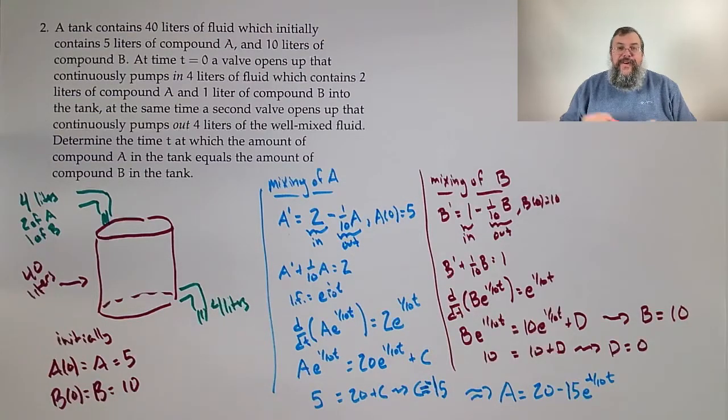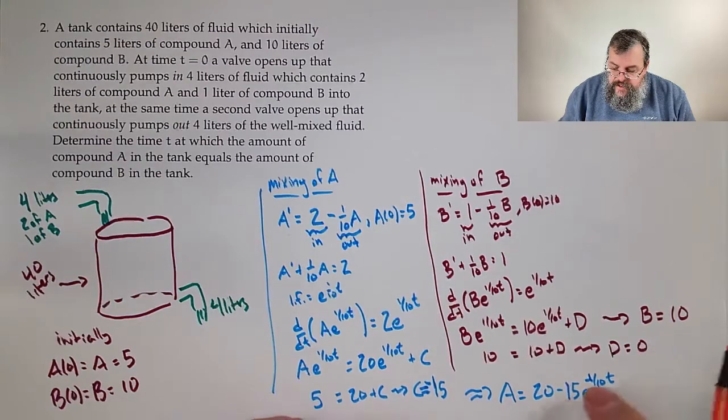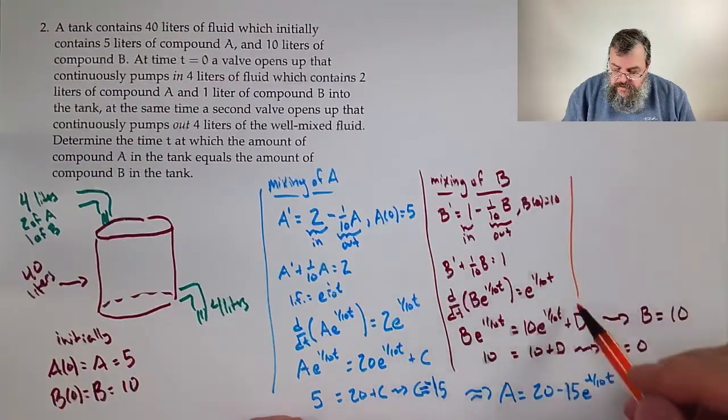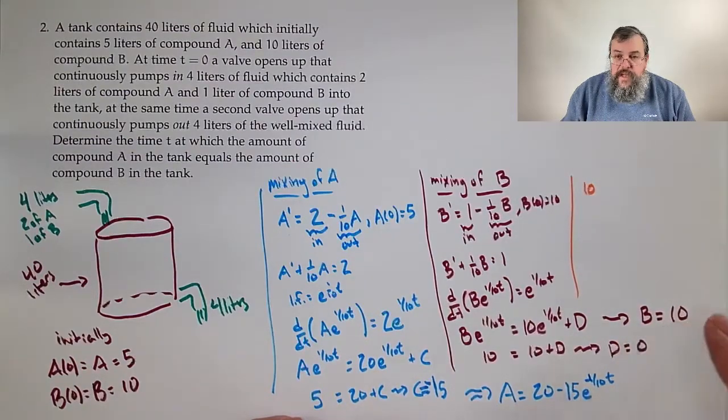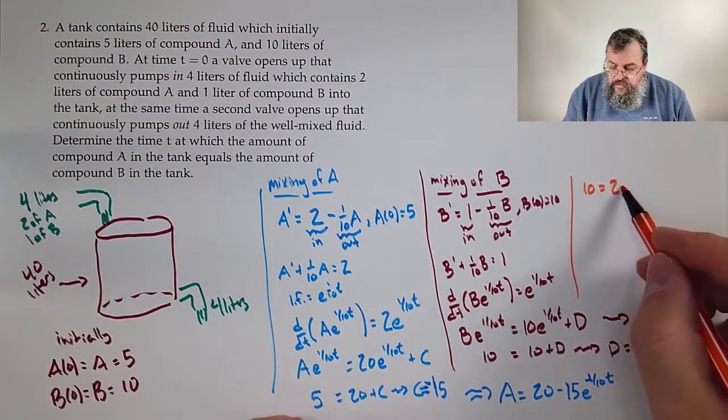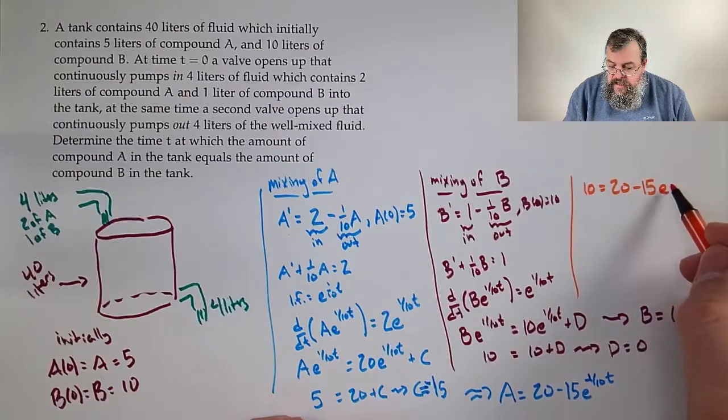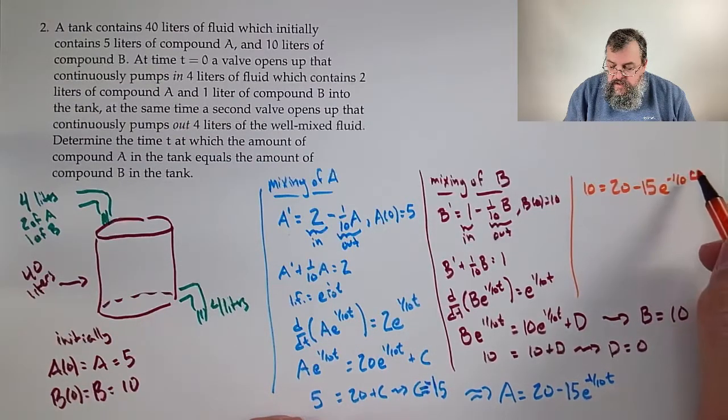All right, so we've done our two mixing problems, and the question is, when do they match? So we need to set these two equal to each other. So the question is, when does 10, that's our b, equal 20 minus 15 e to the minus 1/10 t?